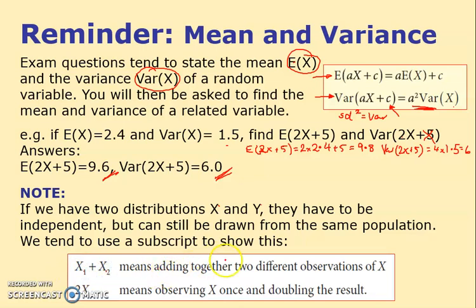That means we've got two different observations from the distribution. If I'm looking at the heights of people, I've got one height and another height. Whereas 2X means I've only got one height, but I've doubled the result. So be aware of the two subtle differences in notation.